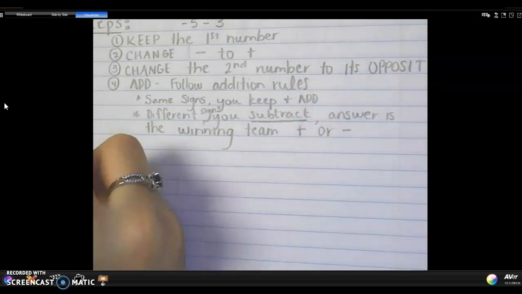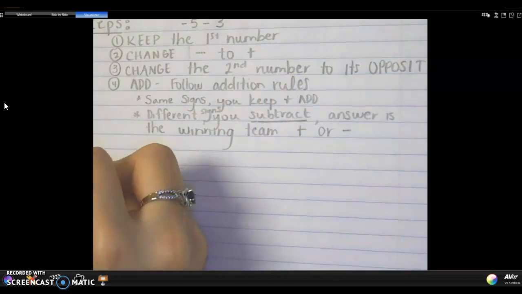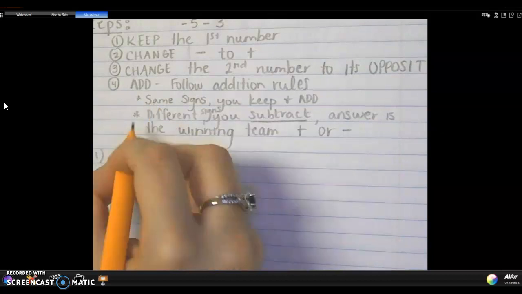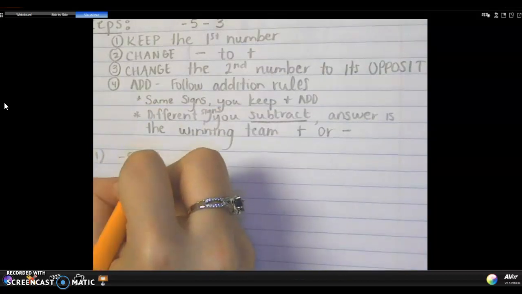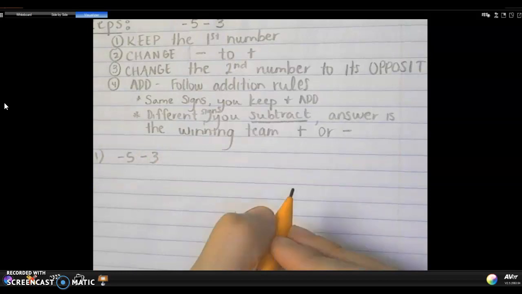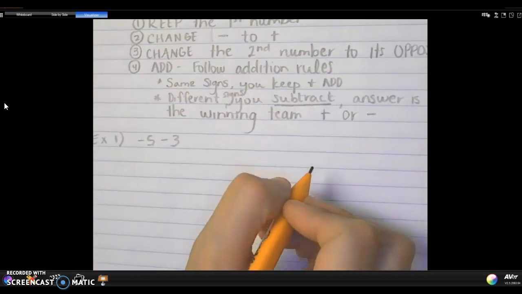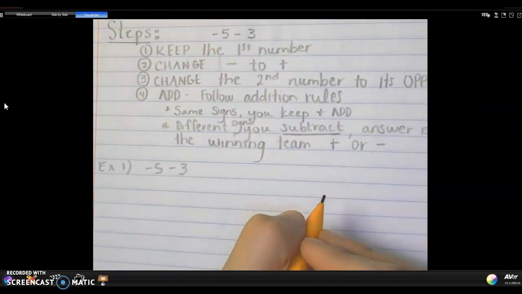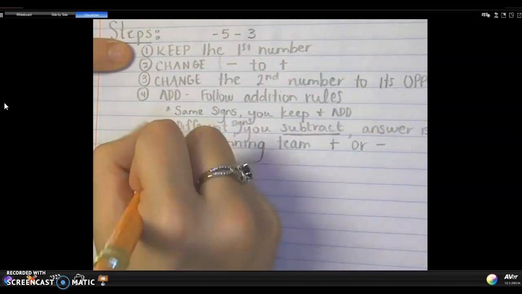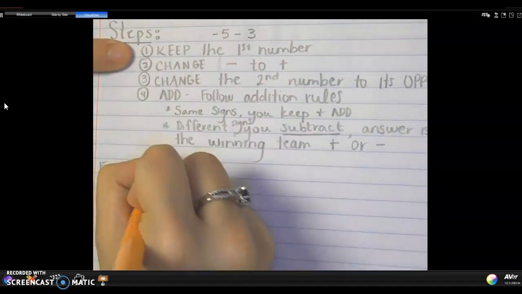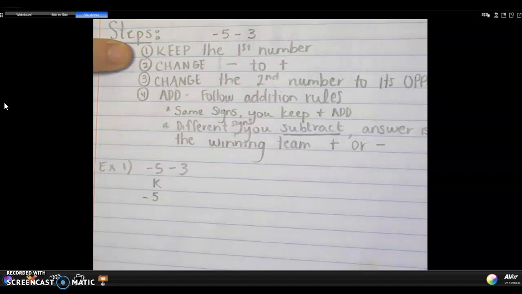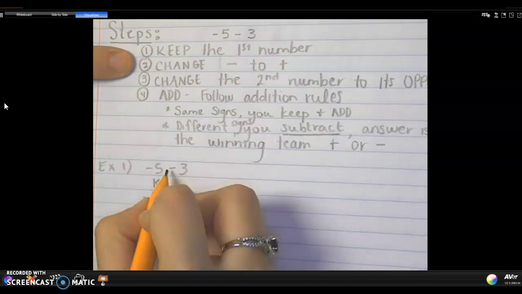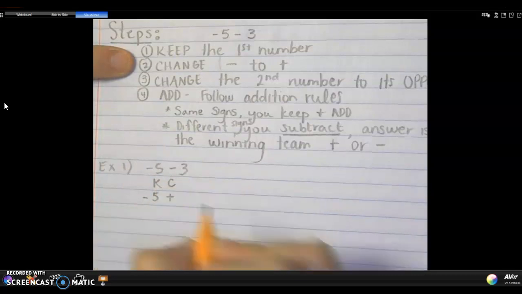So let's look at example 1. -5 minus 3, which is what we had up on top. So my first step says to keep the first number. So I'm going to keep my -5. Step 2, we're going to change the subtraction symbol to addition.